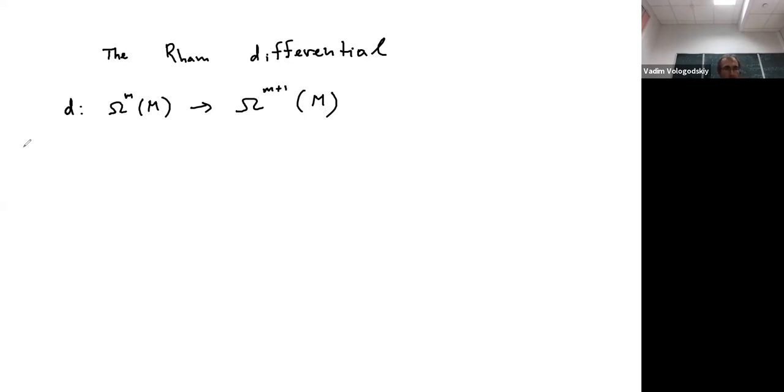Well, property one is that when m is 0, d takes f to its differential. Right?